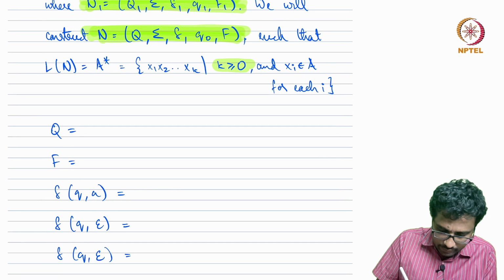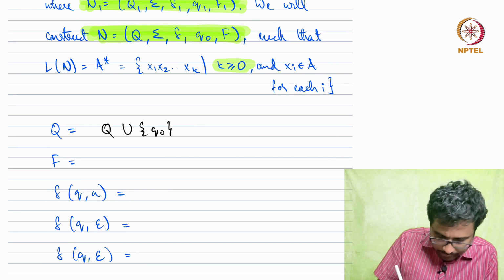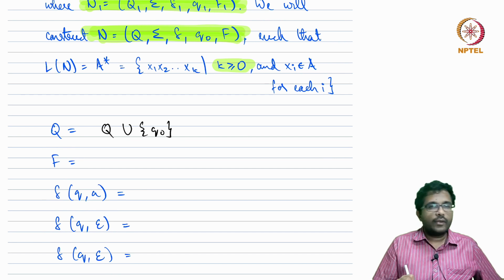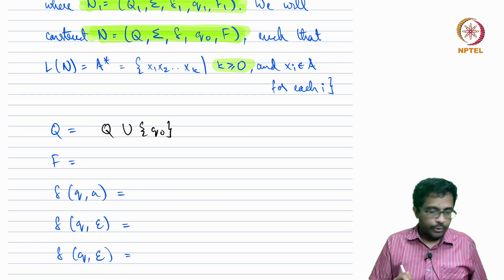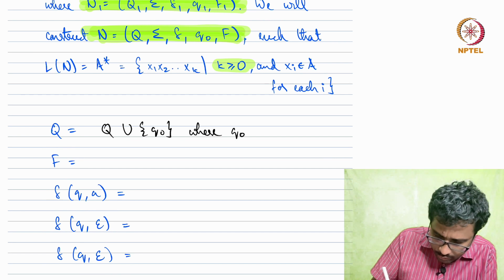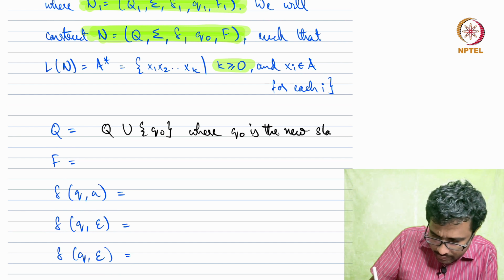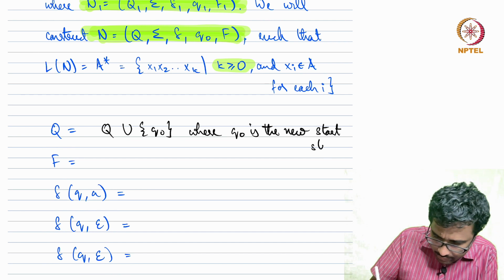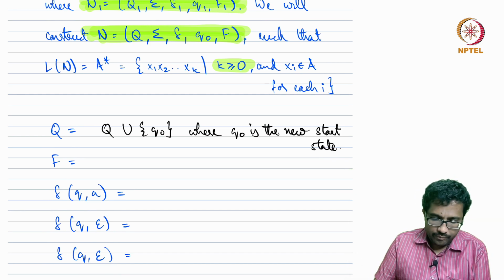Q is nothing but Q1 union Q0, where Q0 is the new start state, right? And what is F?